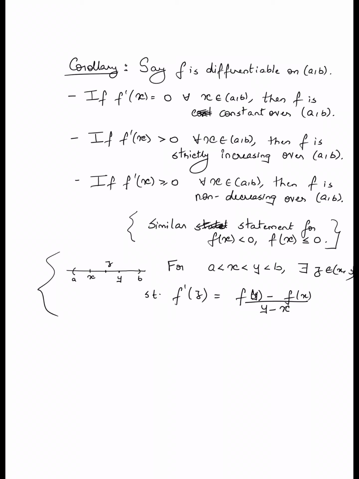Okay, so now if the derivative at z is 0, that must imply that f(y) is equal to f(x). If the derivative at z is positive, that must imply that f(y) is greater than f(x), and so on, right? All of these statements would in fact follow quite straightforwardly in this fashion.